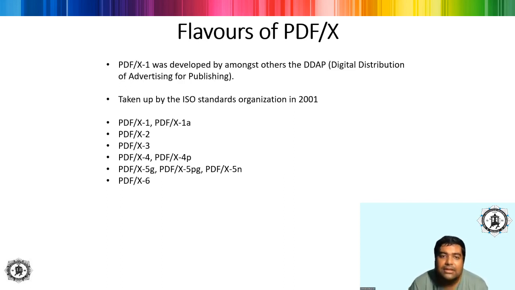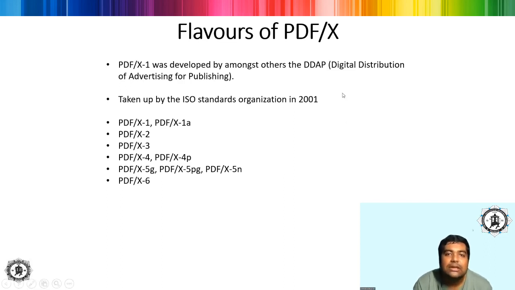Now, the moment ISO also took up the PDF file for maintaining and upgrading it, creating the ISO standard, ISO 32000, in 2001, from that point on, the concept of PDF/X file formats came into being.